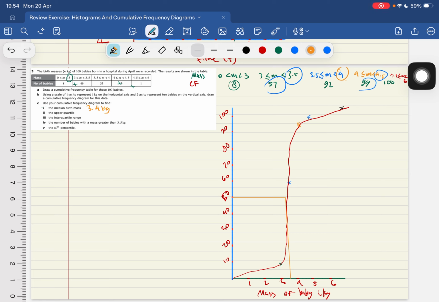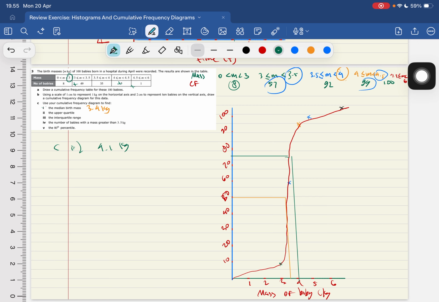Upper quartile, so 75. Here, and we're going down. Okay, it's 4.1. So the upper quartile Q3 is 4.1 kilogram.